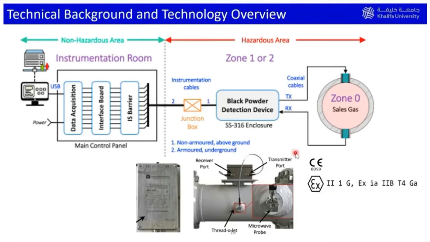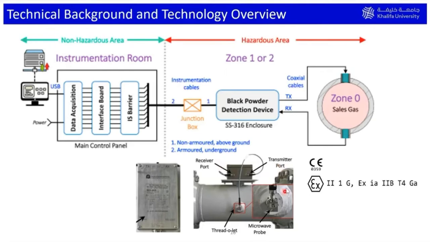Similarly, these two probes are connected, and here we have well-matched shielding, because we don't want any leakage to occur at these points. So we have this transmission and RX. This is zone 1, although there is a debate on zone 1 and zone 2.